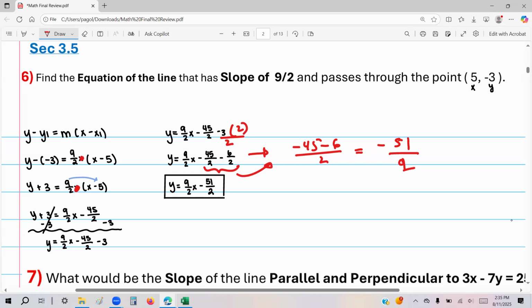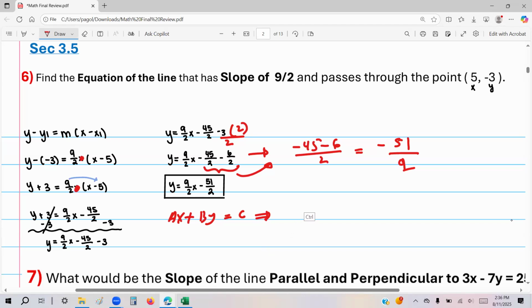Now, if the direction says write in ax plus by equals c format, then you need to move x and y, and you don't need any denominator. So first, let's get rid of the denominator.